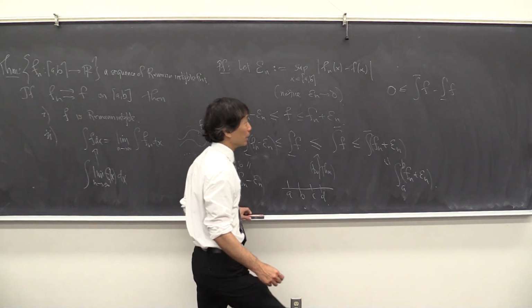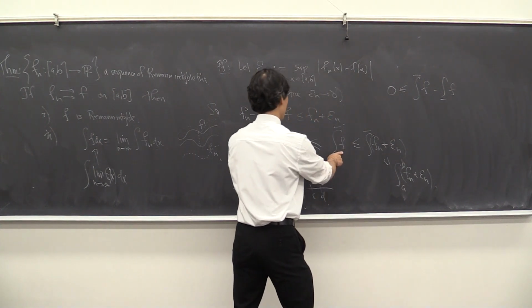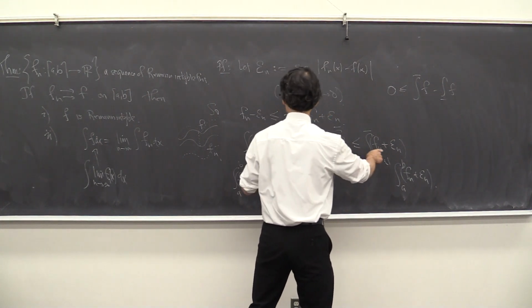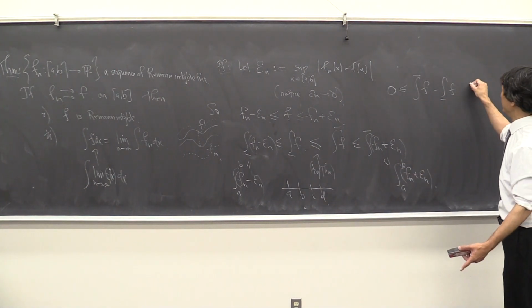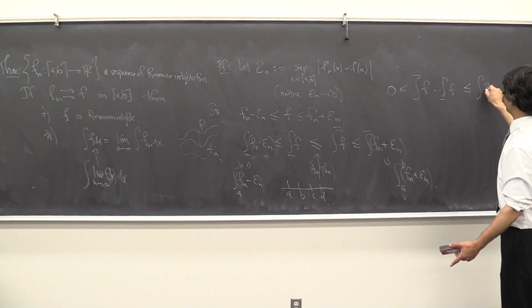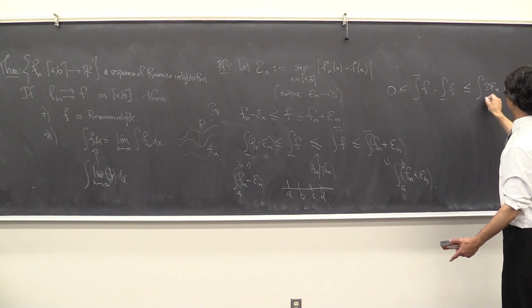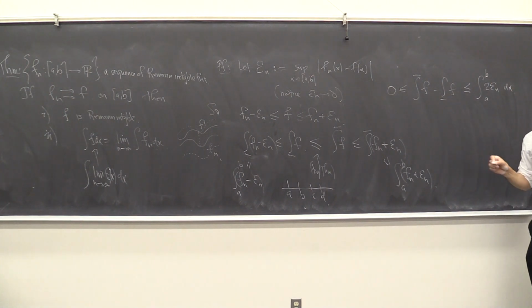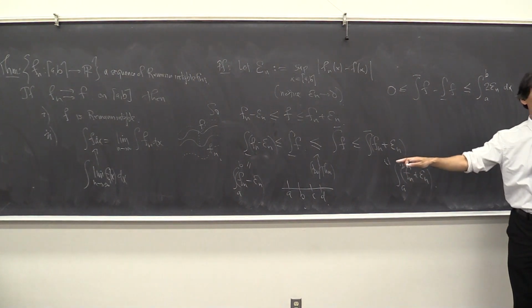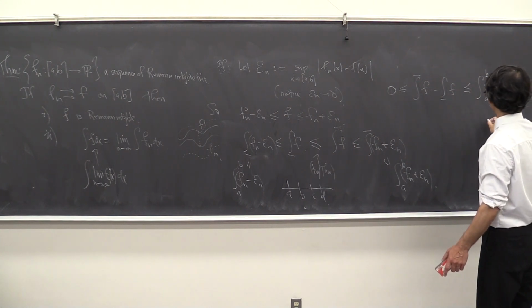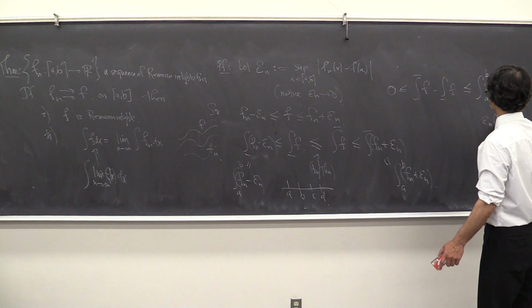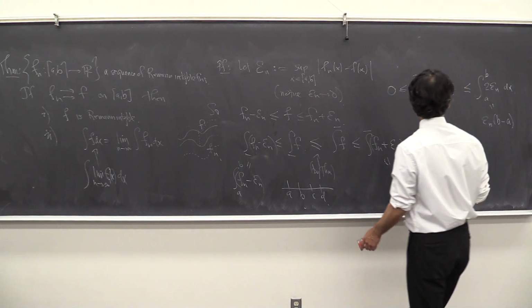That's all I'm saying here. So we take the difference of the 2 interior guys, we take the difference of the exterior guys. But the difference of the exterior guys is just 2 epsilon, right? Because we get f sub n minus f sub n, right? And so what we get here is epsilon times b minus a.